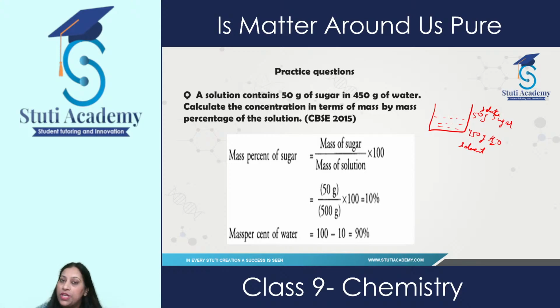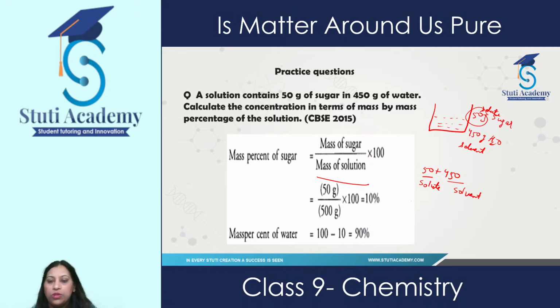So mass percentage of sugar, how can you find out? Mass of sugar, which is solute, is given, 50. Mass of solution, just remember, mass of solution, and solution is a combination of solute and solvent both. So here, first of all, we need to add mass of both solute and solvent, which is 50 plus 450. This is solute, which is sugar, and this is solvent.